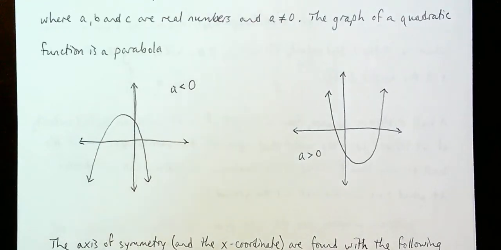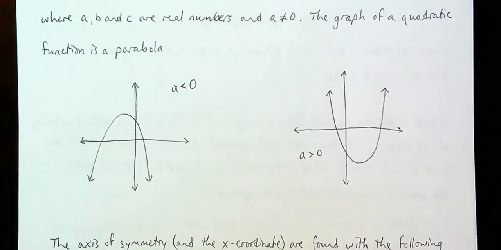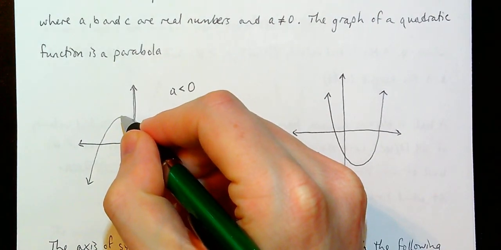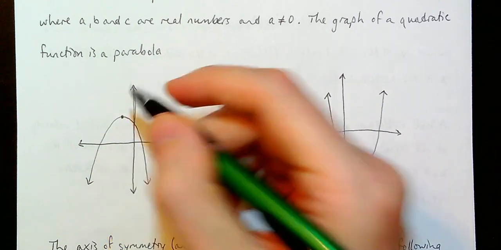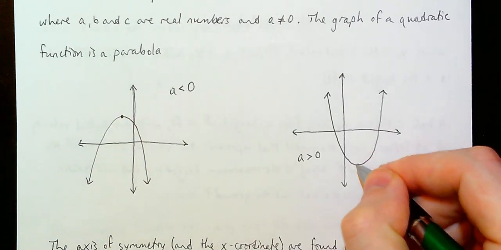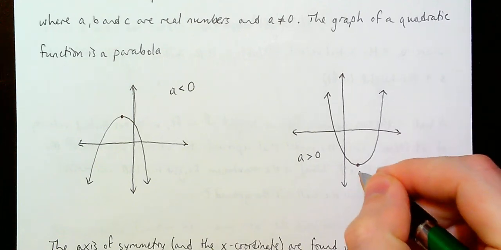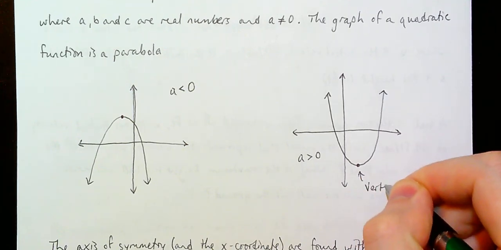Now, on every parabola, we have two important features. First one is the turning point. There's always one turning point on a parabola, and that turning point is called the vertex.